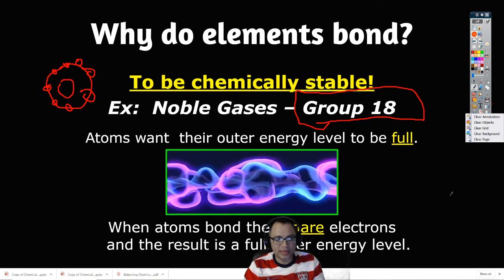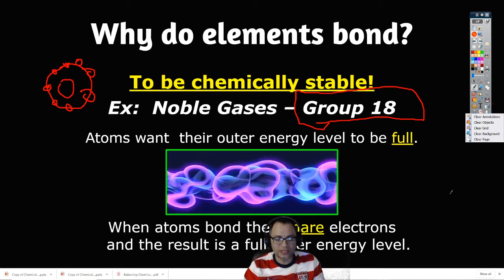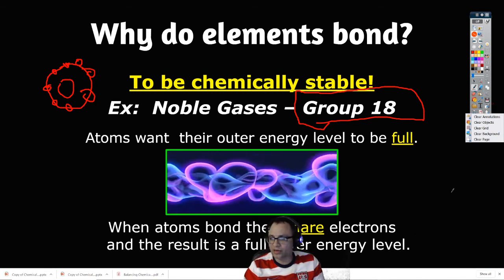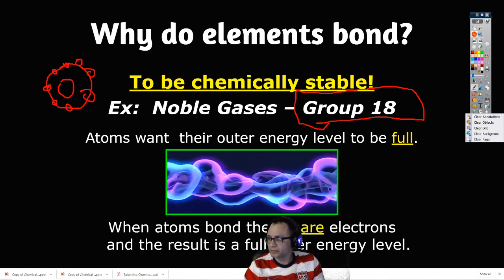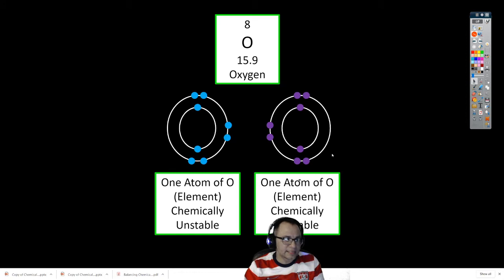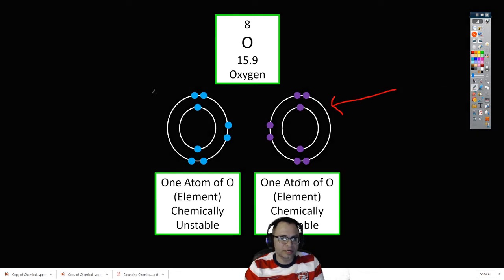When atoms bond, they can share electrons, and the result is a full outer energy level. In this example here, you have two similar atoms of oxygen. This is an atom of oxygen here, and this is just another atom of oxygen here. One of the things you'll notice is that each atom by itself is chemically unstable.